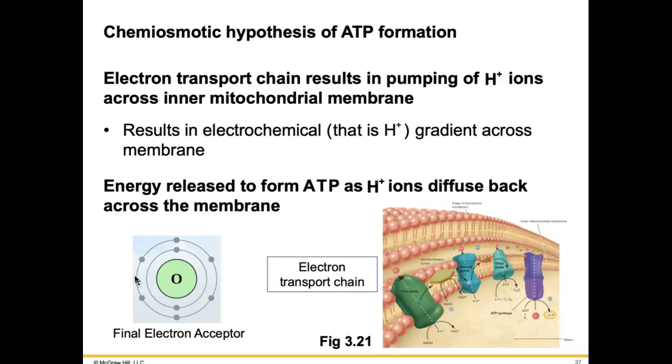And therefore, it is the final electron acceptor. It will take those electrons that the mitochondria has to offer. And as a result, we are going to get water. So here is our last cytochrome, and you can see our 2 hydrogens that pumped in through our enzyme ATP synthase, and oxygen being present here combine, and we get water as a result.